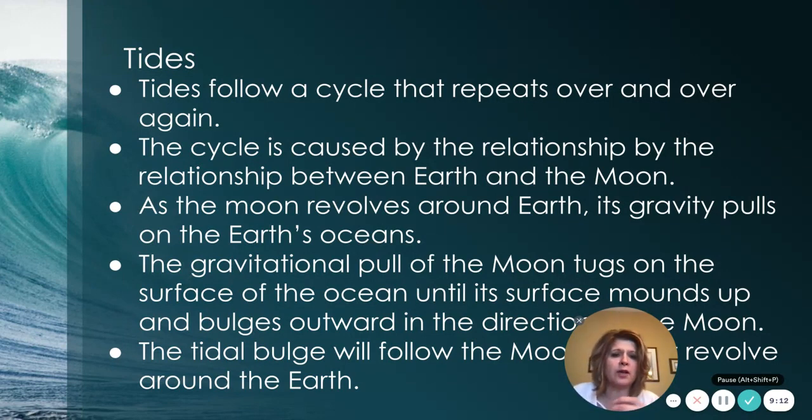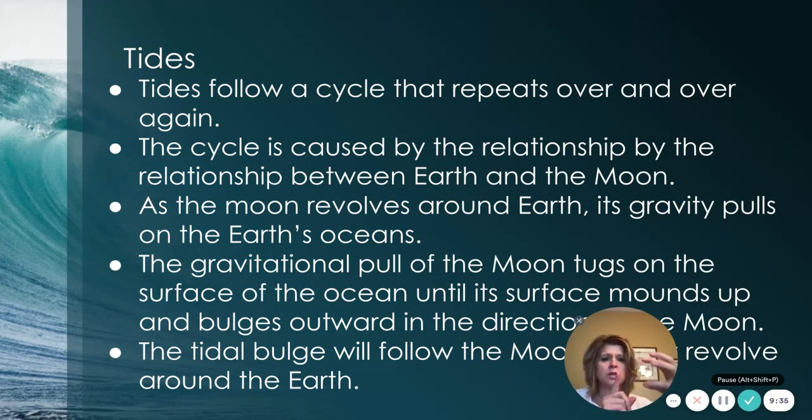As it's pulling, the gravity is tugging and pulling on that surface, mounding it and pushing outward. That tidal pull and bulge follows the moon as it revolves around the Earth. So as it revolves around us, different sides are being pulled.